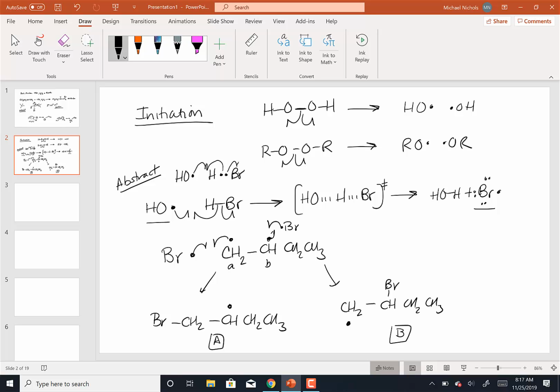Well, which one of these is going to be the major intermediate? Which one of these two radical intermediates is more stable? A or B?